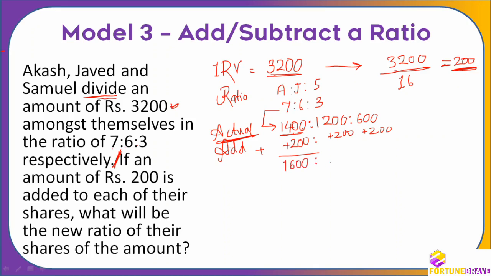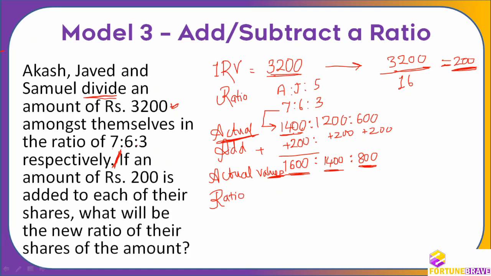So this 200 I add, it will become 1600. This I add to 1400, and this I add, it will get 800. So now 1600, 1400 and 800. Now I have to convert this. These are the new actual values after adding. Now I need to find out the ratio.